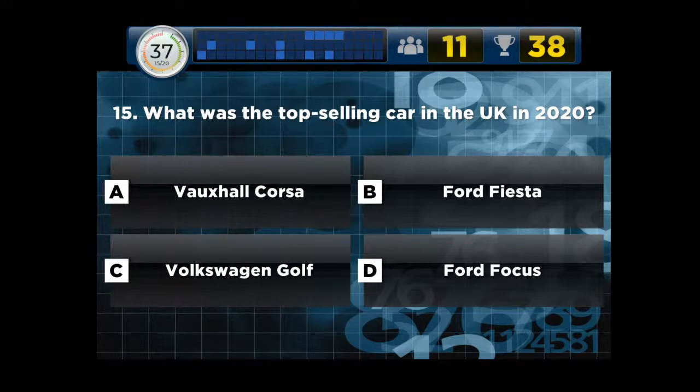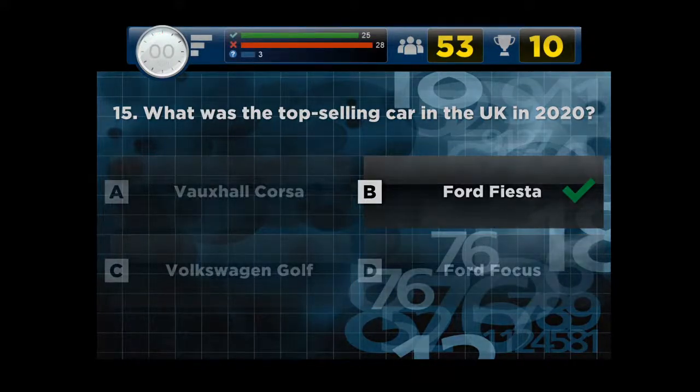The top-selling car in the UK in 2020 was either the Vauxhall Corsa, Ford Fiesta, Volkswagen Golf, or Ford Focus. 15 seconds remain. And the answer is Ford Fiesta.